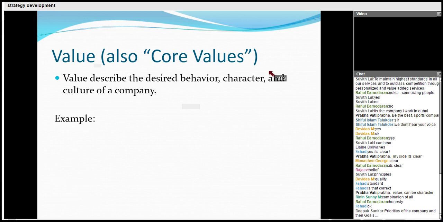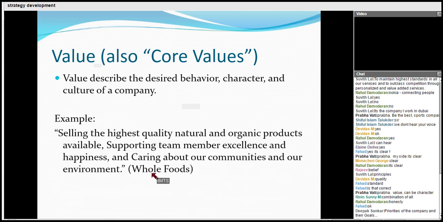Now let's look at an example. This is Whole Foods. I hope you know of this company, Whole Foods. You can check it on Google. Now their value is selling the highest quality natural and organic products available, supporting team member excellence and happiness, and caring about our communities and their environment.